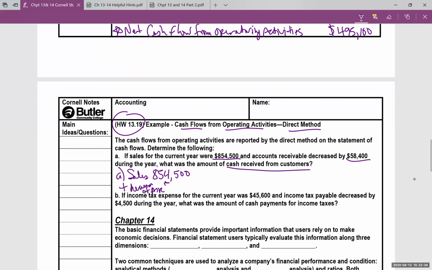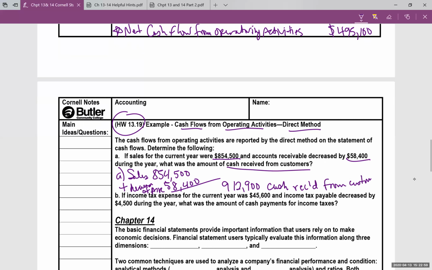So we're going to add to that 58,400. Adding those two numbers together, 912,900. That is the cash received from customers. So it's not only the sales amount, it's any decrease in the AR from the beginning to the end of the year, cash received from customers.